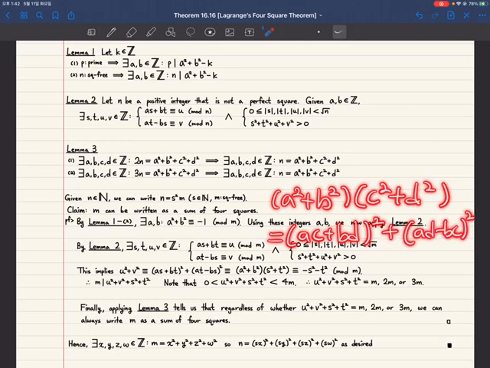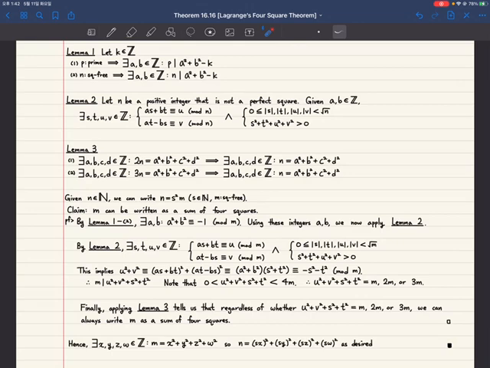We're going to apply that here. So u squared plus v squared is congruent to (as plus bt) squared plus (at minus bs) squared, and by applying Lagrange's identity, you can find that this is equal to (a squared plus b squared) times (s squared plus t squared).